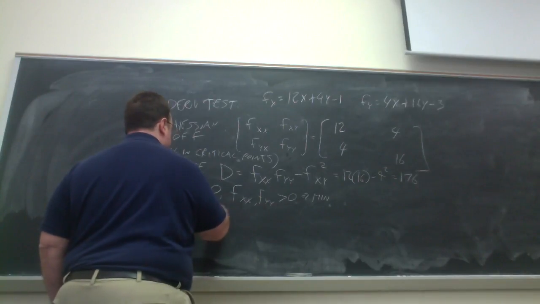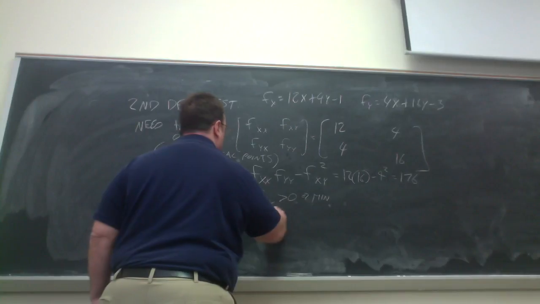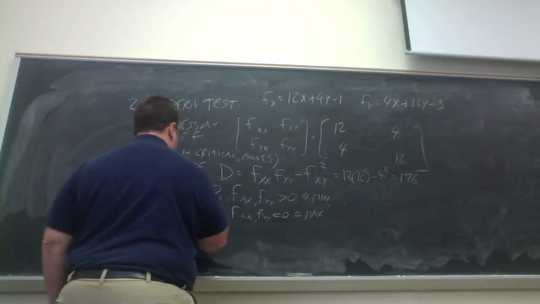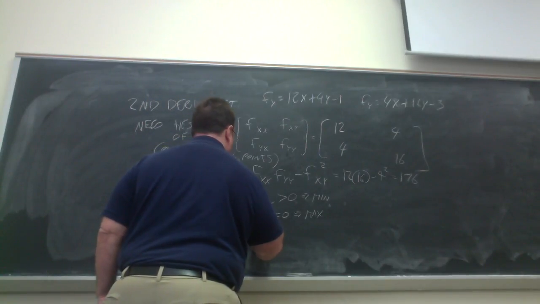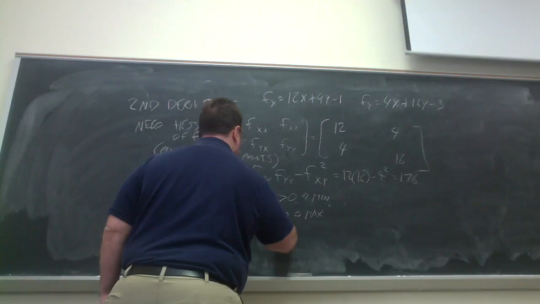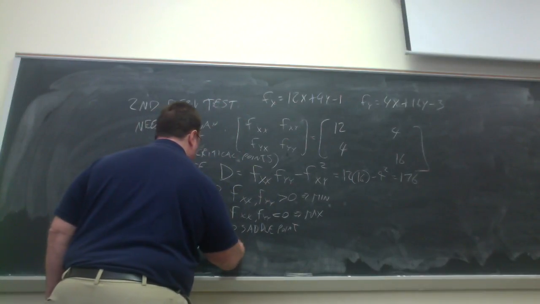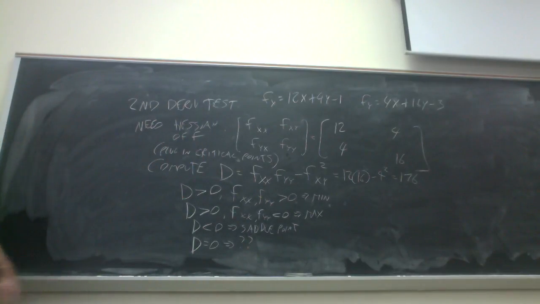If D is again positive, but these partial derivatives are negative, that is a max. If D itself is negative, you can stop right there and say it is a saddle point. And if D equals 0, then you know nothing. It's inconclusive.